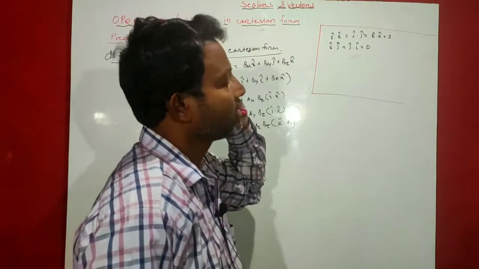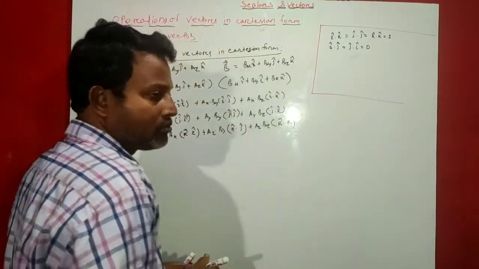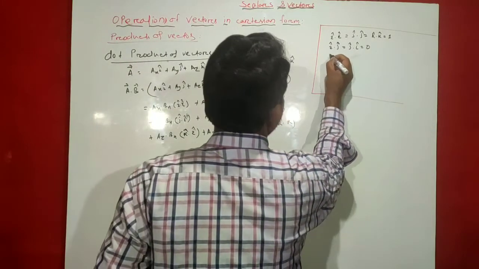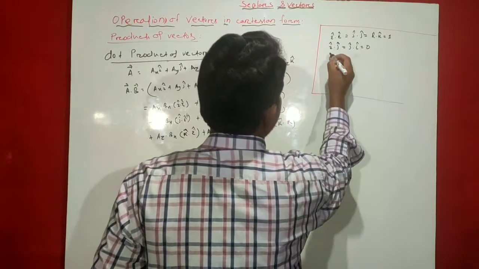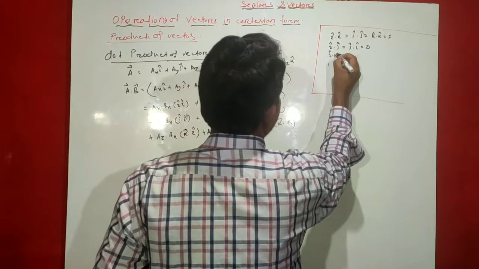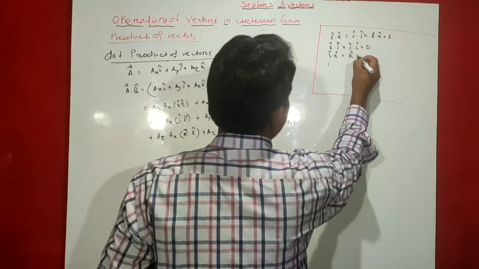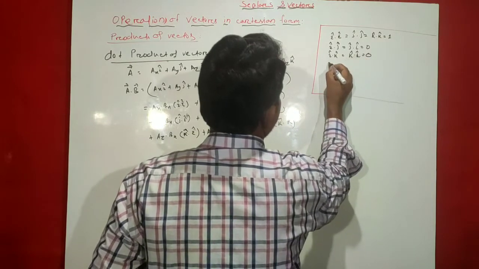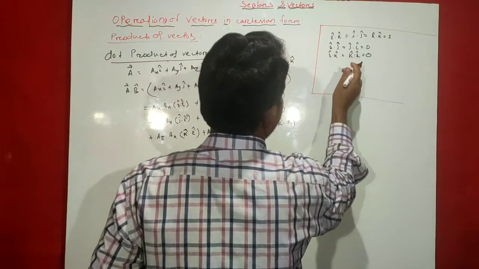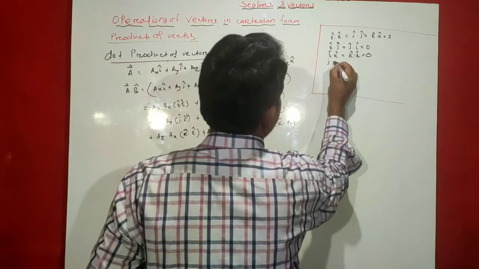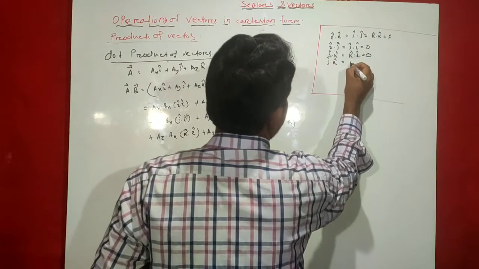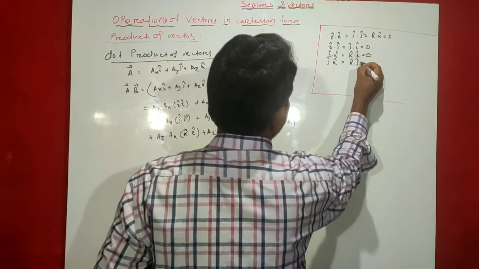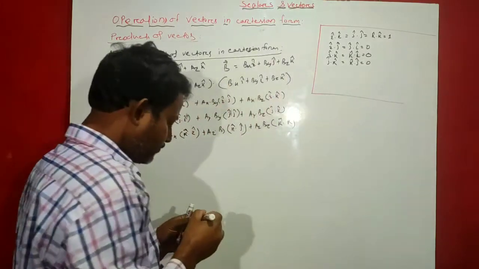That means i dot j will be 0 or j dot i will be 0. Likewise, i dot k and k dot i will be 0. j dot k and k dot j will be 0.